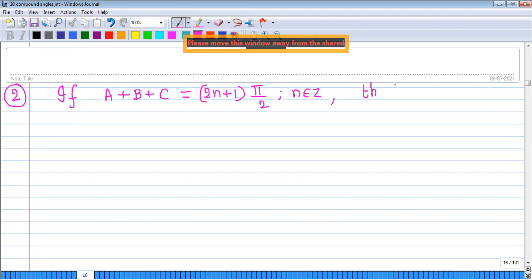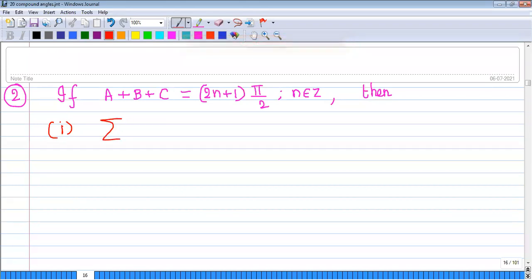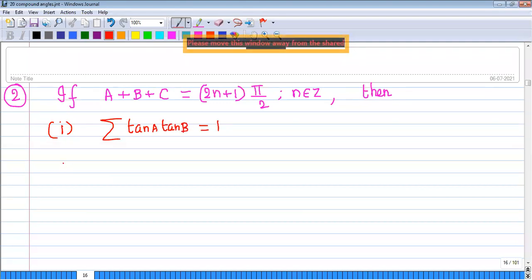Then we have the following. What is that? First one is sigma tan A tan B equals 1. The second property we can discuss: sigma cot A equals pi cot A. What do you mean by this?